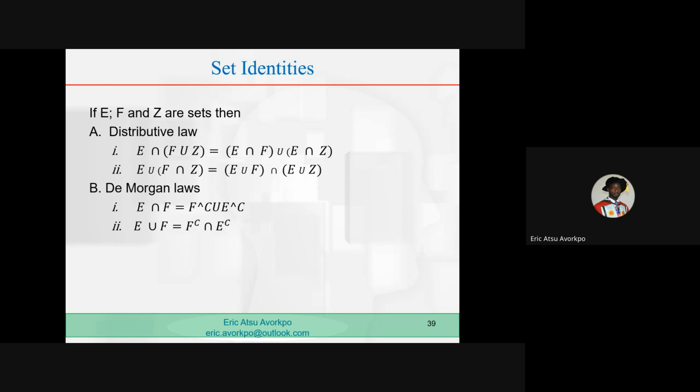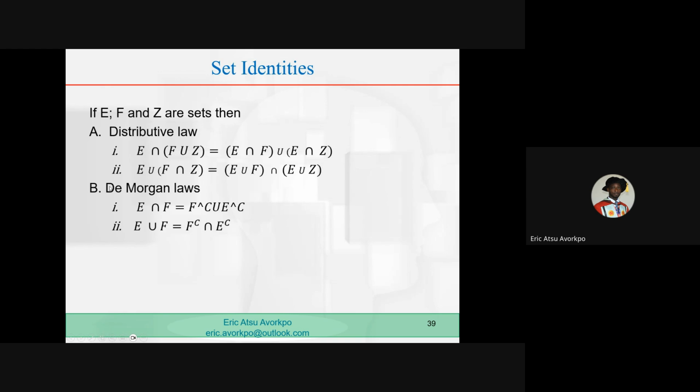You bring the union, which would pick the value of 'and' or plus in statistics. Then you would have E intersection F union E intersection Z. Similarly, E union (F intersection Z) will mean E union F intersection E union Z.